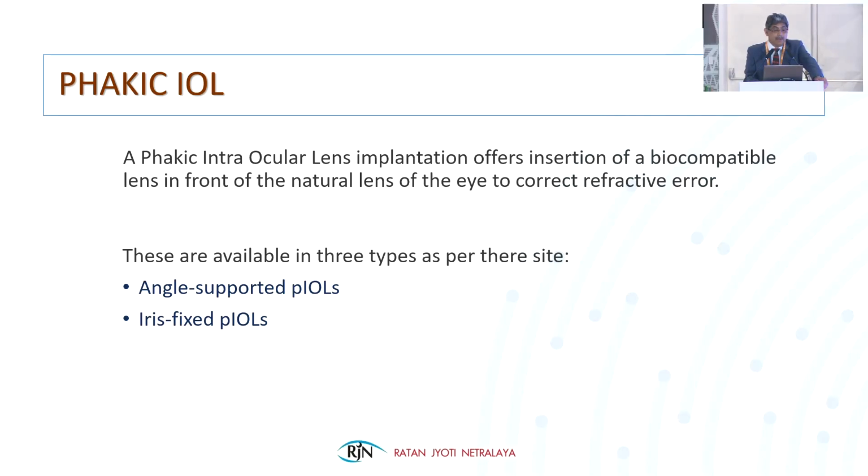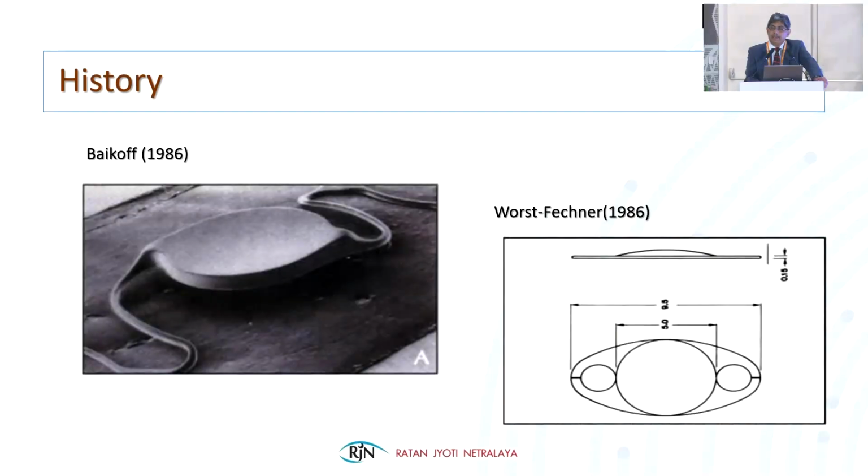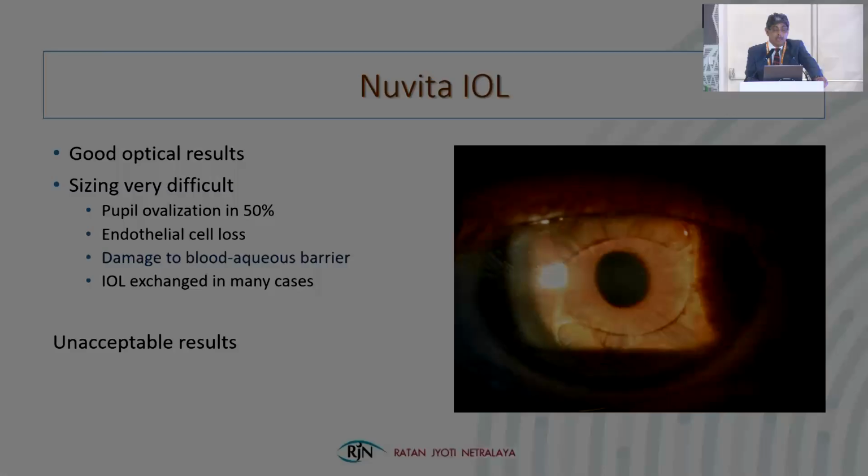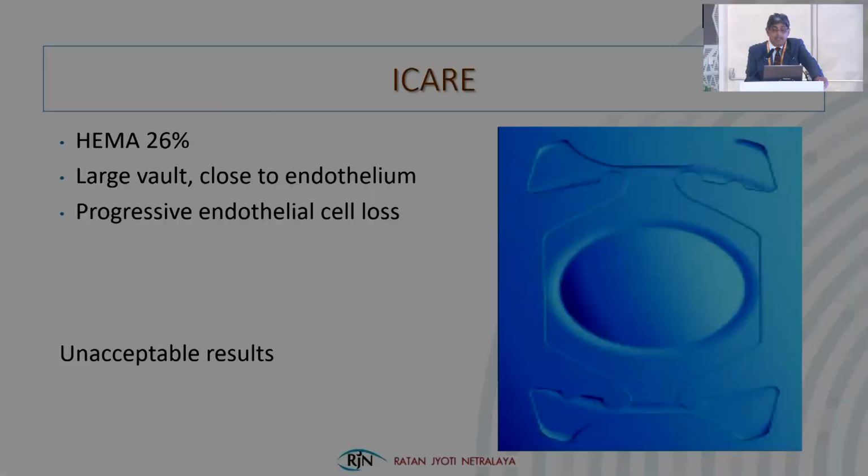And they can be angle supported, iris fixed, or the posterior chamber phakic IOLs. We will be focusing on the posterior chamber phakic IOL here, and various designs have been developed in the last almost 60, 70 years, and which failed.